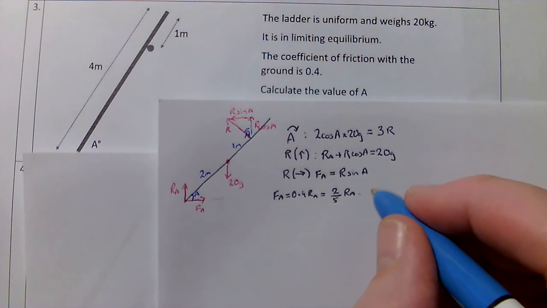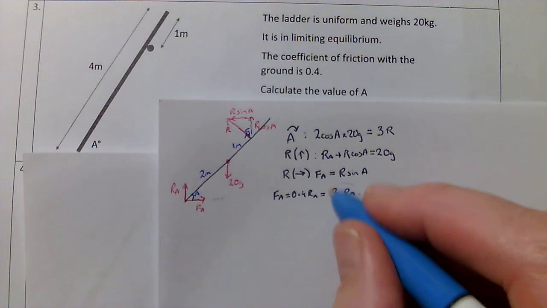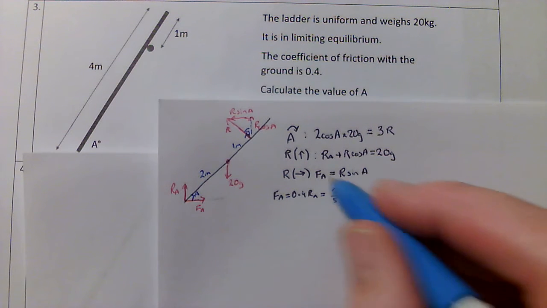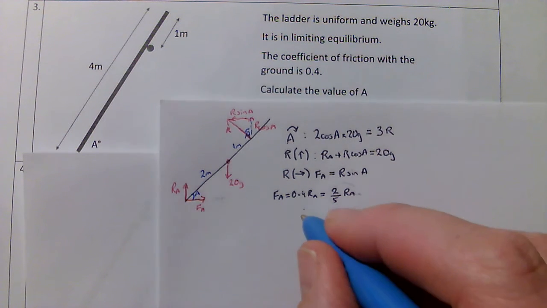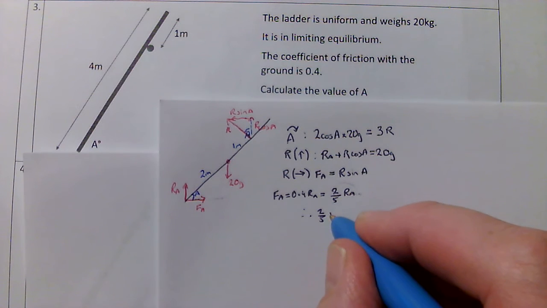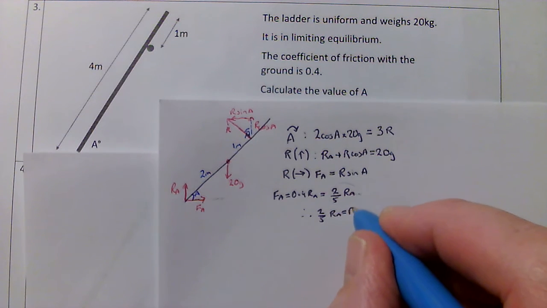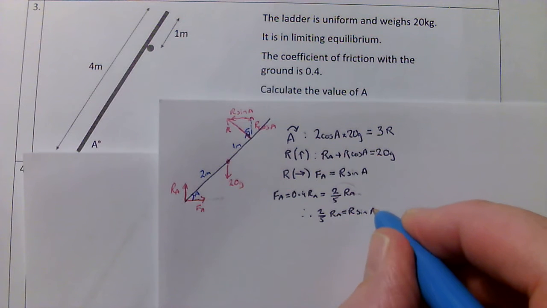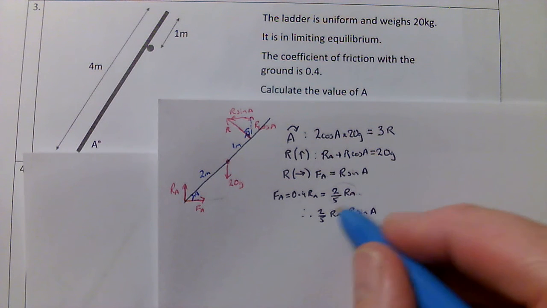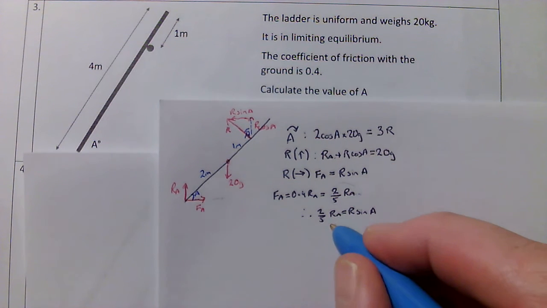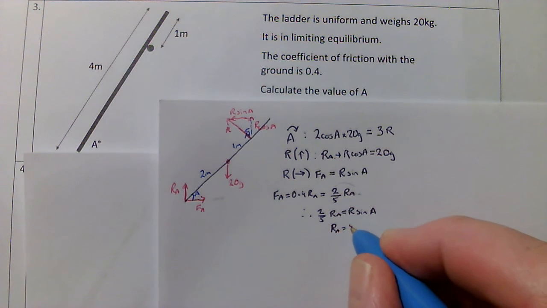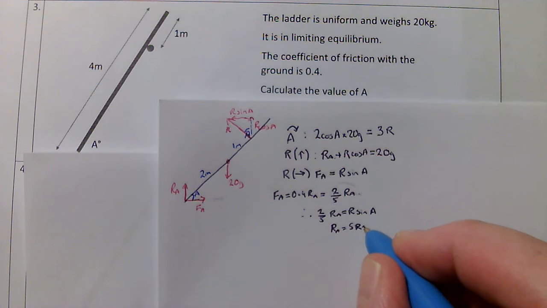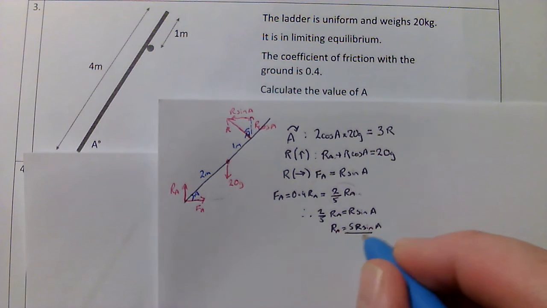So I'm going to use this equation here, my coefficient of friction, to get rid of FA. So I can say, therefore, 2/5 of RA equals R sin A. I can now use this to get rid of RA up here. So RA is equal to 5R sin A over 2.